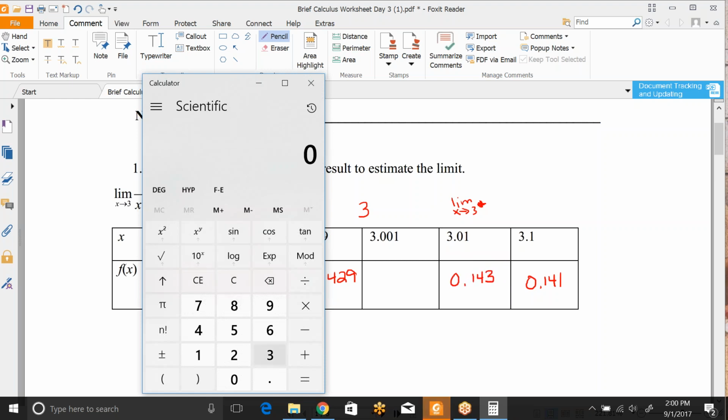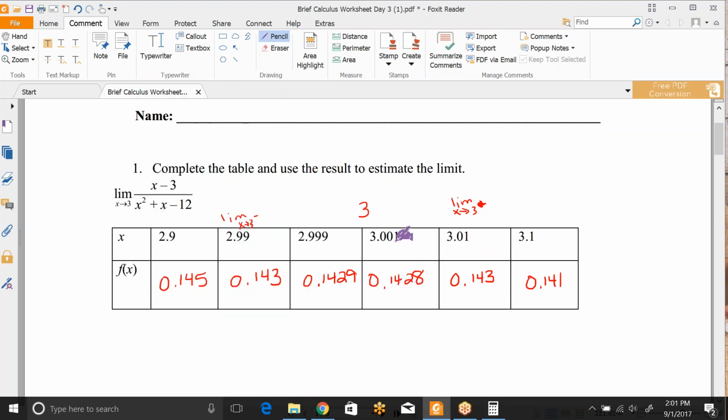And then let's do 3.001. Okay, so then I get 0.143 again. This time it doesn't round up because there's a 3 behind it.